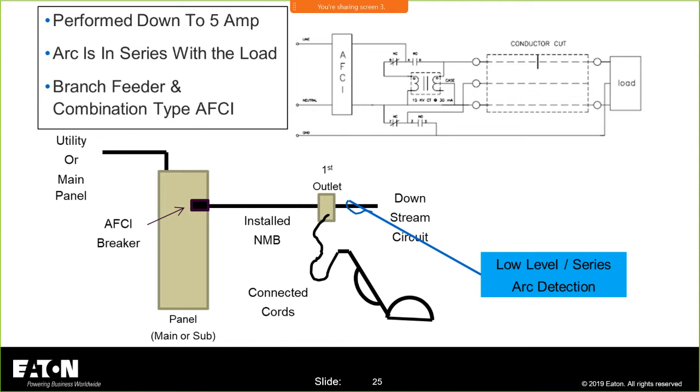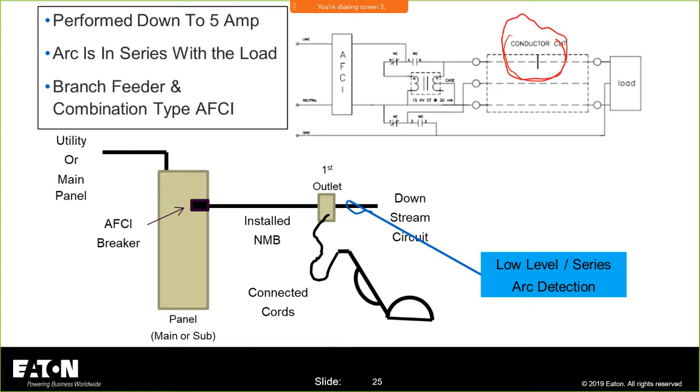Now this is a 5 amp series arc that is performed by the branch feeder AFCI and the combination type, but the branch feeder AFCI, which is no longer permitted in the National Electrical Code, was one of the first ones that came out. You were required to do a series arc detection on NMB wire. And look what we did.